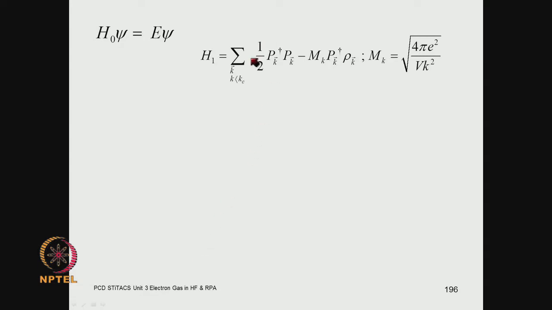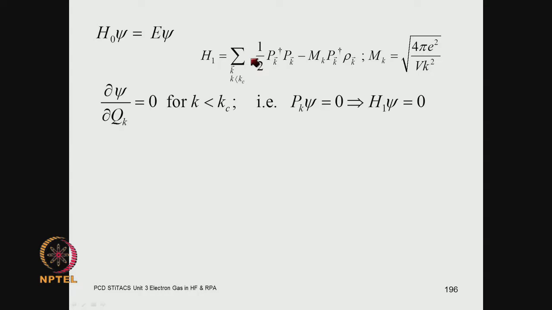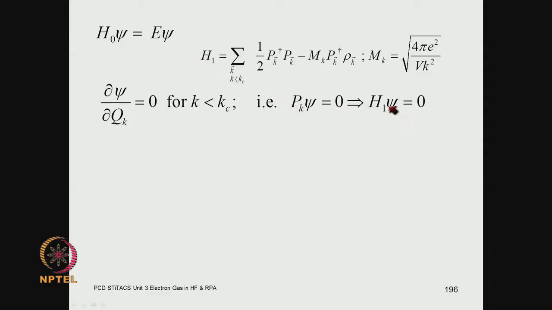So, this is our auxiliary Hamiltonian, which we have introduced. We have learned that it is self-adjoint. We have learned that the momentum operator operating on psi goes to 0, and when it is applied to a wave function and goes to 0, then h1 operating on psi will also go to 0, because h1 is made up of this momentum operator to the right. So, it will kill the wave function, right? It will give you a 0.